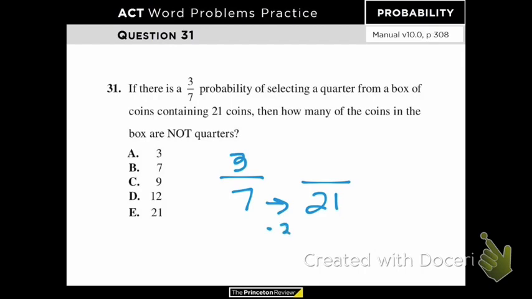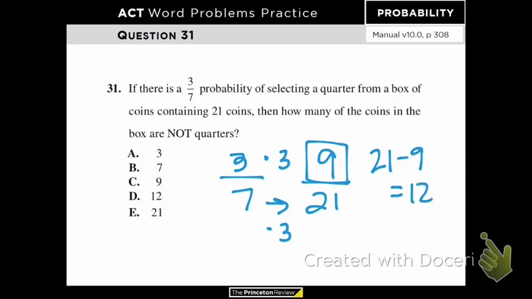It looks like I need to multiply by 3, right, to get from 7 to 21. So I'm also going to multiply on top to get 9 over 21, which means there are 9 total quarters. So to find the number that are not quarters, I need to take the 21 minus the 9, which gives me 12.